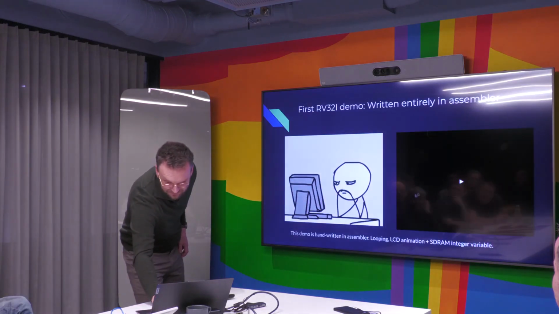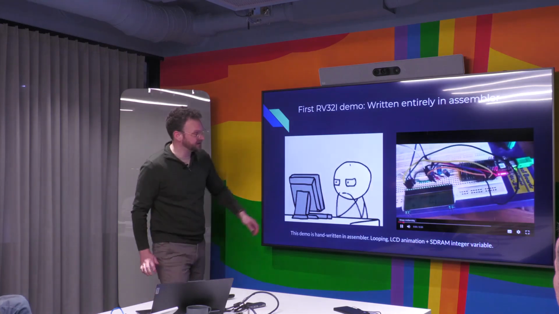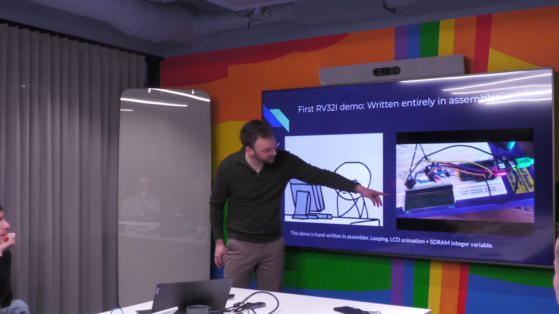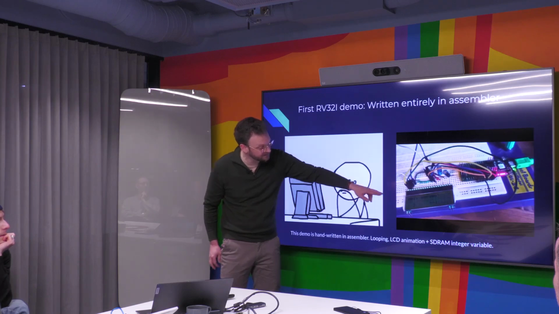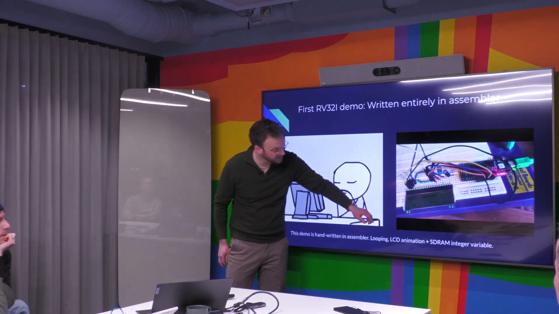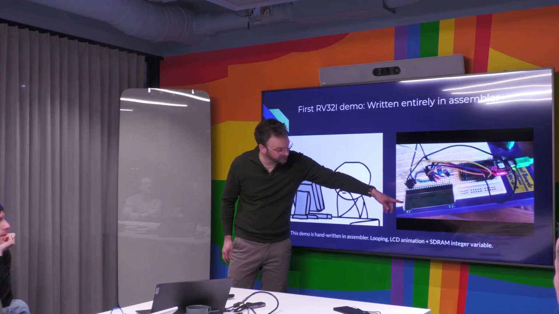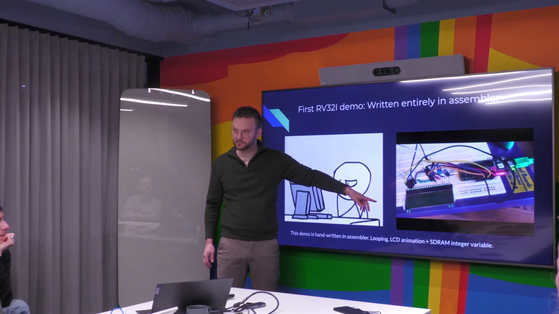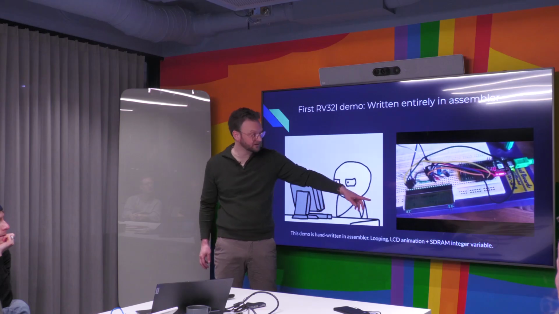I don't know if you can see it, but the demo is running. What the assembler code is doing is writing hello world. And then there's a counter from 0 to 9, and that's a counter in RAM. So that's how you test that the RAM was working.